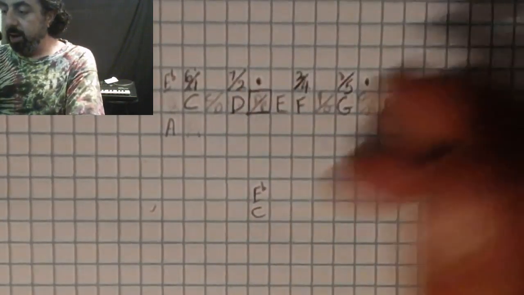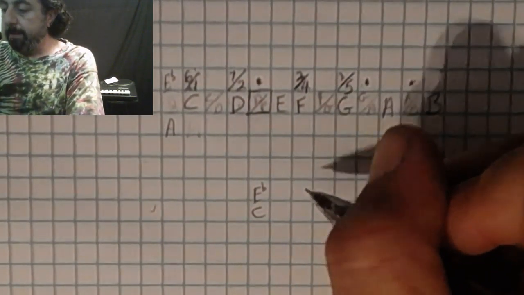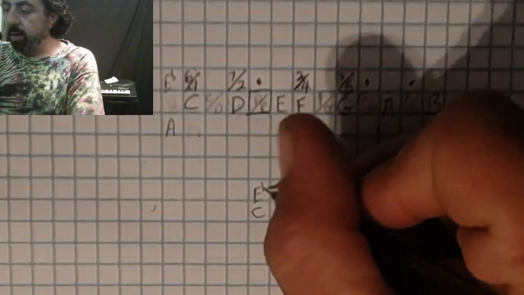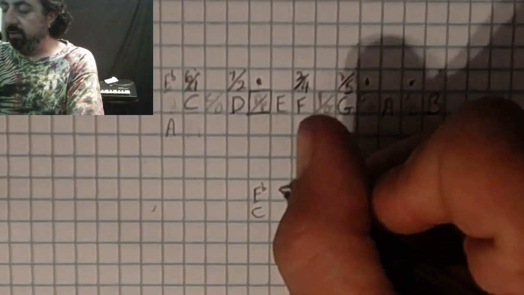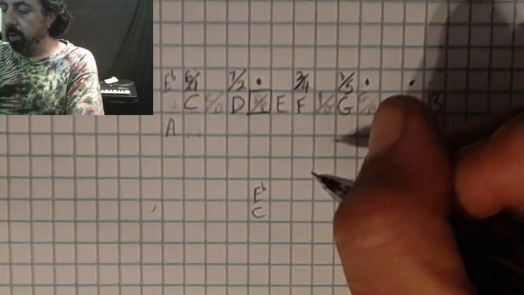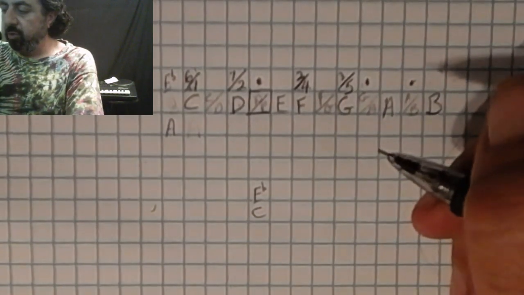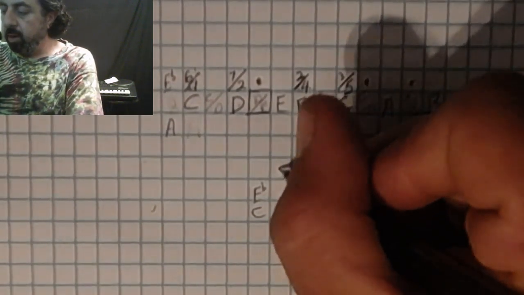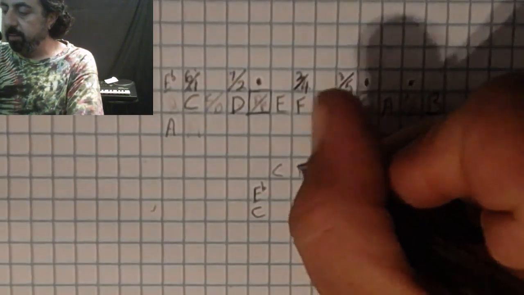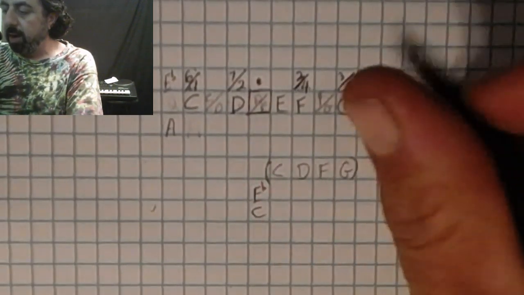So what we've got here, let's write them out a little more clearly. Basically 2, 3, 6, 7. So E flat and C share notes like this. Okay, so we're just going to do this: C, D, F, G. C, D, F, G. But I'm going to put those in parentheses because I might not write them down exactly how they occur.